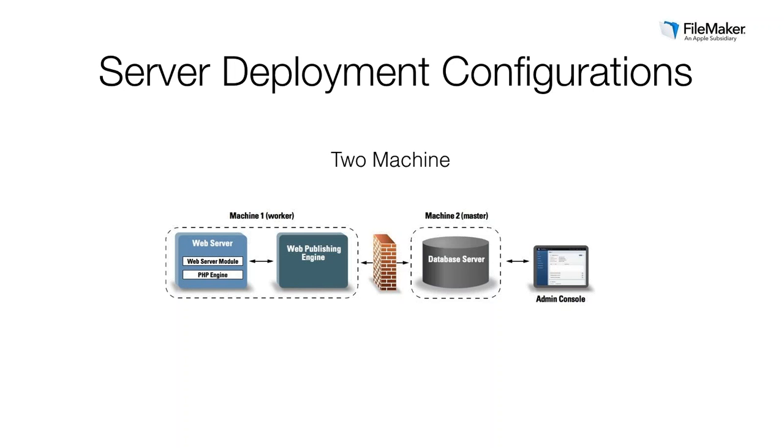The alternative is a 2-machine deployment, and that's when you take 2 of those components, the web server and the web publishing engine, and you install them on a different machine entirely. You'll want to do this if you can anticipate both heavy FileMaker Pro and Go usage as well as moderate to heavy web usage. The idea behind this is to let the worker machine focus exclusively on handling the web side of things, and the master machine focus exclusively on serving up data and dealing with the Pro and Go clients.